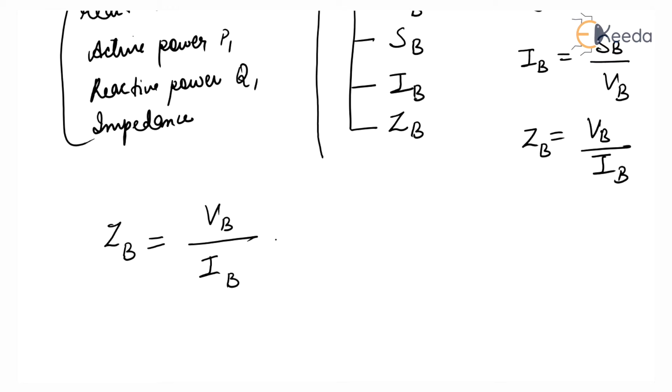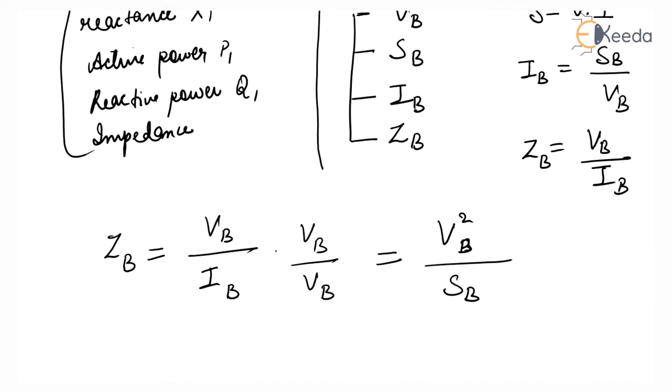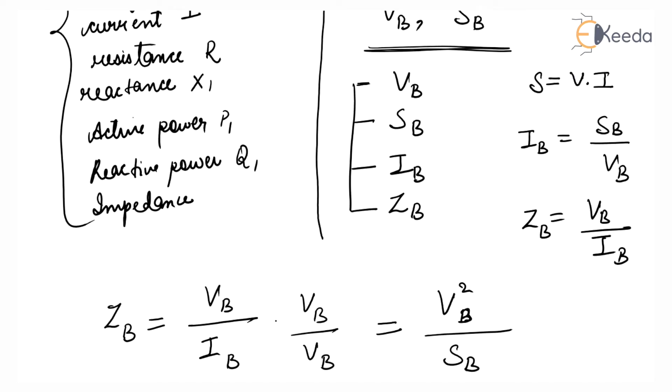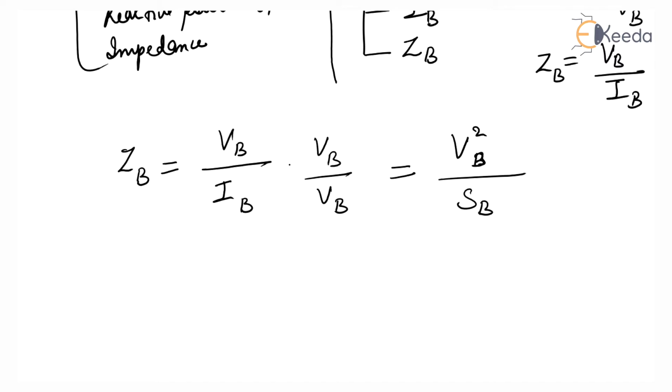Multiply and divide by V base, so we can write this as V base squared upon S base. To completely define a per unit system, a minimum of four base quantities are required: voltage base, apparent power base, current base and impedance base. So base impedance is equal to voltage base squared upon S base.